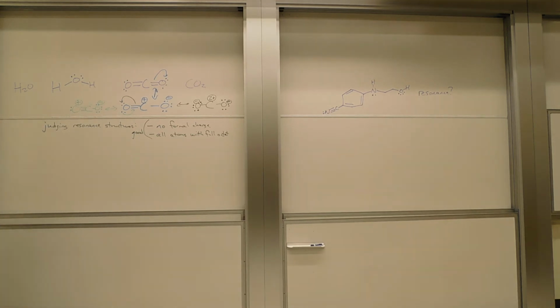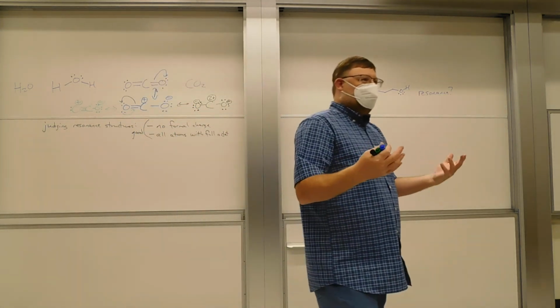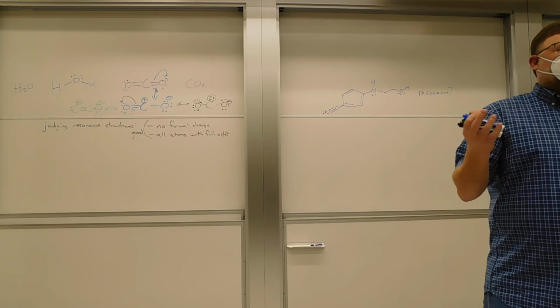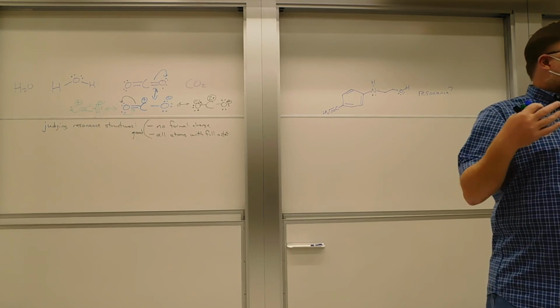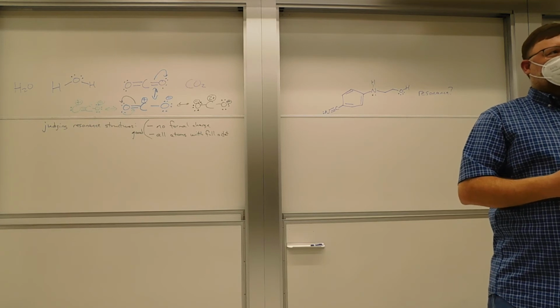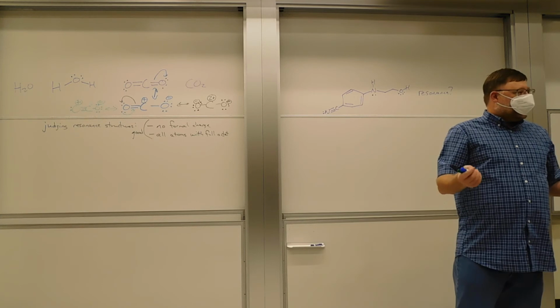If you have a molecule for which more than one Lewis structure can be drawn, the best Lewis structure is going to be the one that minimizes formal charge and gives all the atoms a full octet.